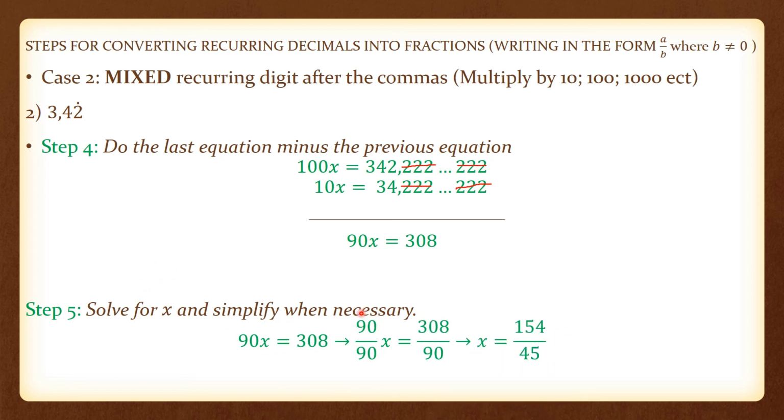We have 90 over 90, x equal to 308 over 90, and x equal to 154 over 45. Why? Because 308 divided by 2 is 154, 90 divided by 2 is equal to 45. Voila, we're done.